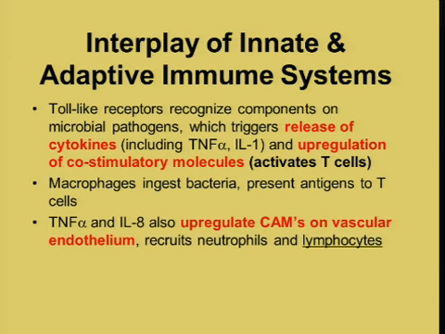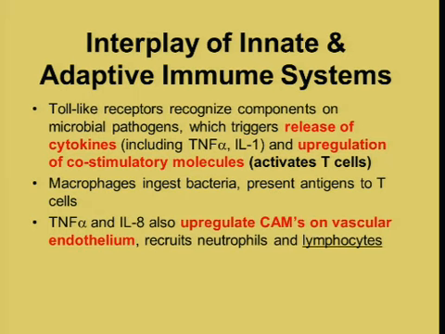More than one receptor can recognize a particular pattern, and a single receptor can recognize more than one pattern. And this in turn triggers the release of various different inflammatory cytokines, for example interleukin-1, and also upregulation of various co-stimulatory molecules which activate T cells. We'll talk about that in the next lecture.